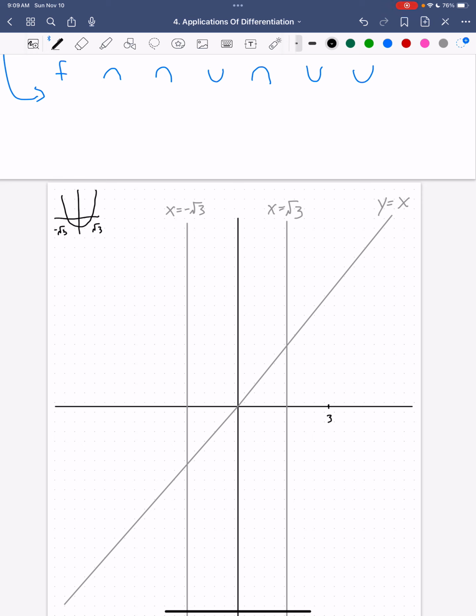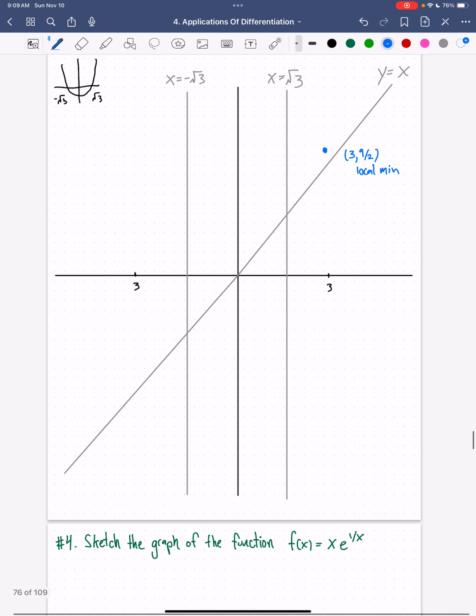I'm not really doing this very exactly, but it'll work out okay. Then let's put our local min here. So those 3 and 9 over 2. Then we had another one that was at negative 3. Oops, I wrote 3.